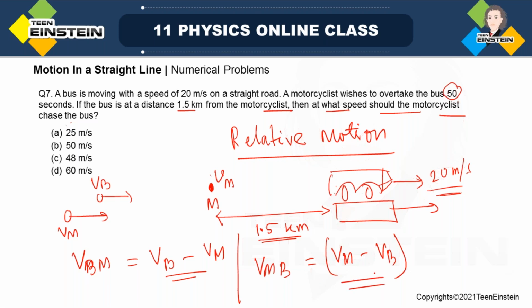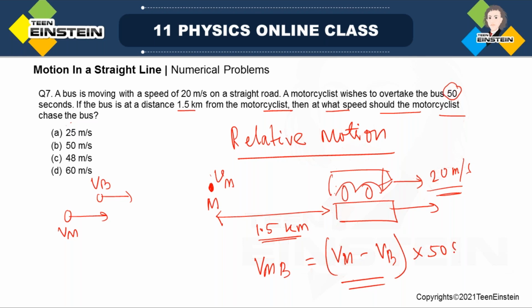If both are moving, the relative velocity is this, and with this velocity, in 50 seconds, the motorbike has to overtake the bus. That means it has got 50 seconds to cover with this uniform, or constant, velocity.